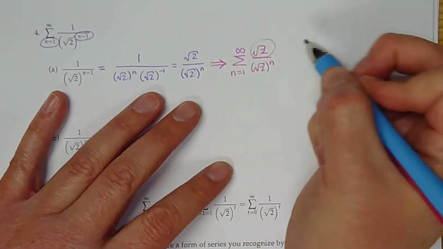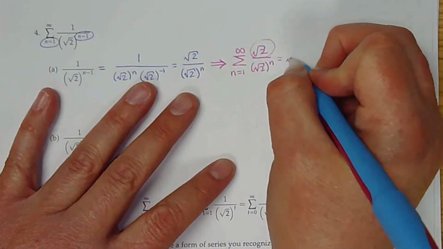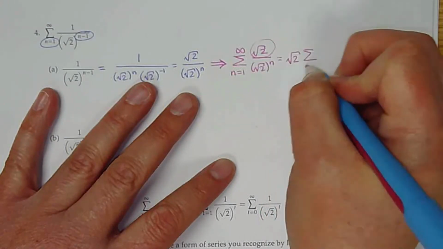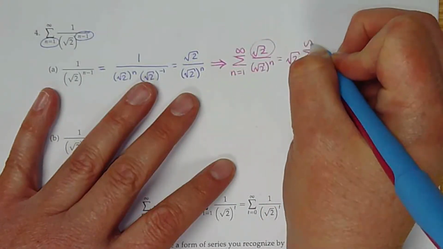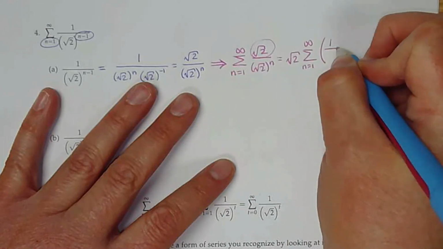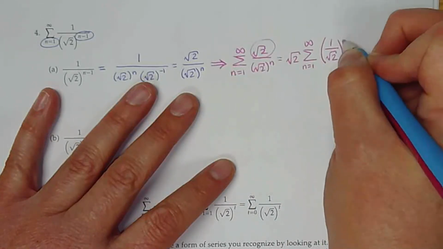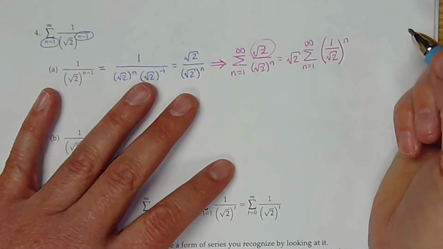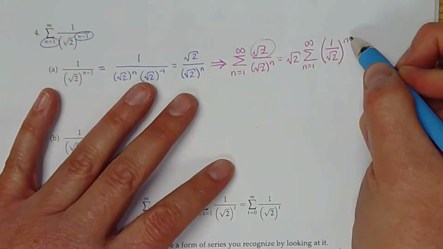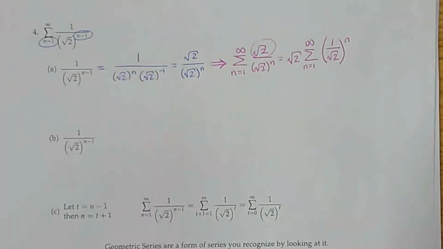This piece doesn't have an n on it, so I can pull the root 2 out in front, and I have the series from n equals 1 to infinity of 1 over root 2, all raised to the little n, which is totally fine to do because 1 raised to the little n is just 1, so that still works out just fine. So that's one trick, splitting that denominator into two pieces.